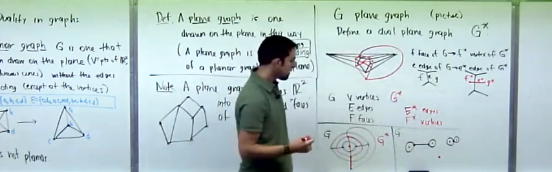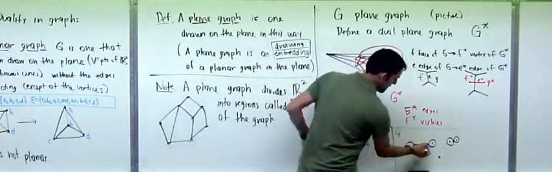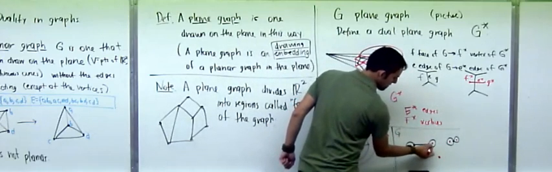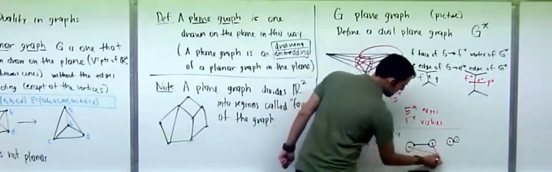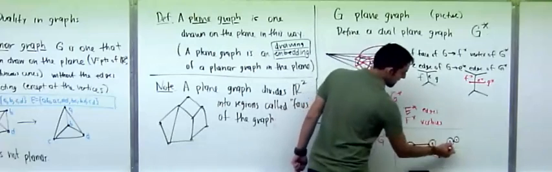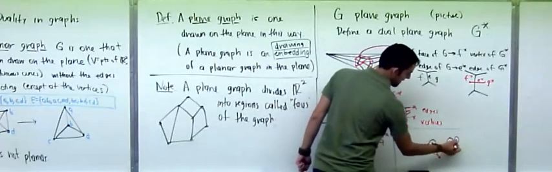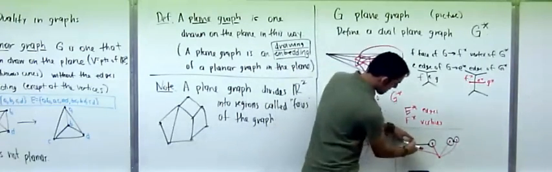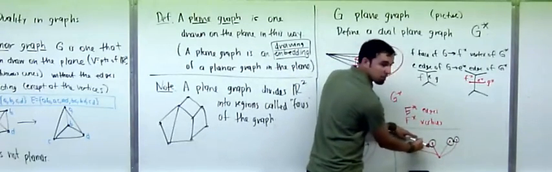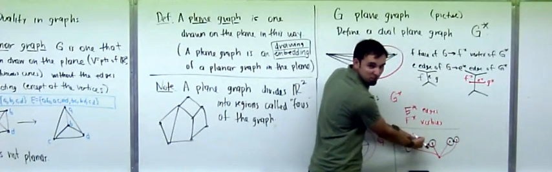Okay. So now, here's a black edge separating these 2 regions. Here's a black edge separating these 2 regions. Here's a black edge separating these 2. Here's a black edge separating these 2. Am I done? No, because this black edge is separating this one and this one. But that's really the same region. Yeah.